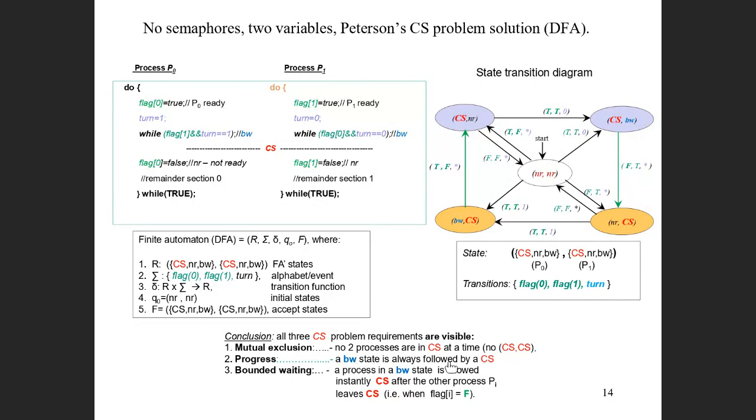There's progress because if we have a busy waiting state, it's always followed by a critical section state. And we have bounded waiting. So if the process is in a busy waiting state, it is allowed instantly into the critical section after the other process leaves the critical section. So all those properties are clearly visible on the DFA diagram.